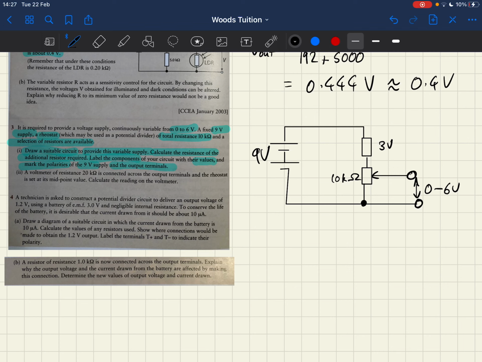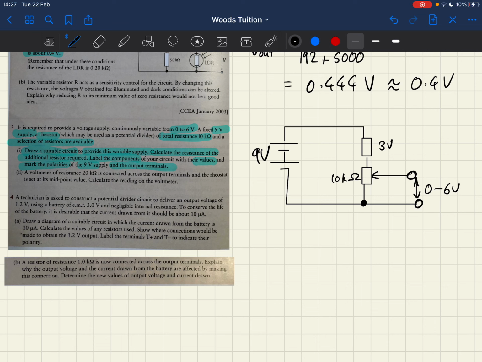Okay, so V equals IR, but we don't actually know the current at the moment. We just need 3 volts.